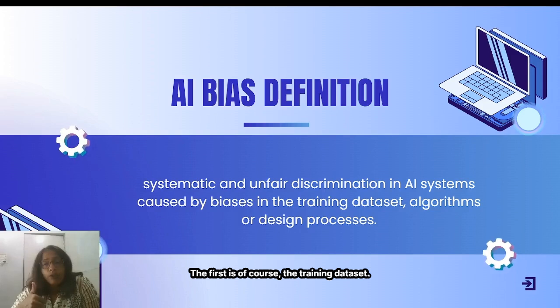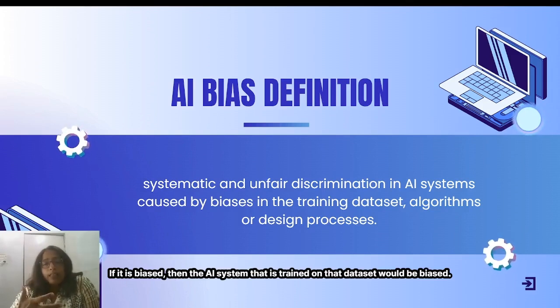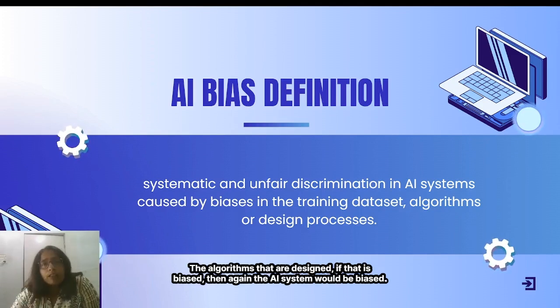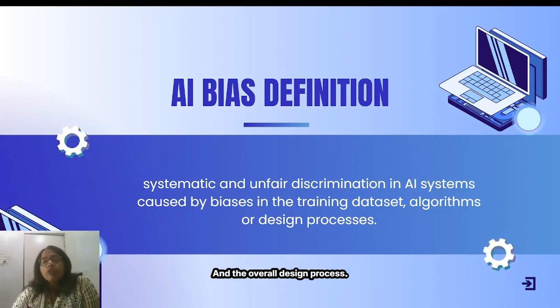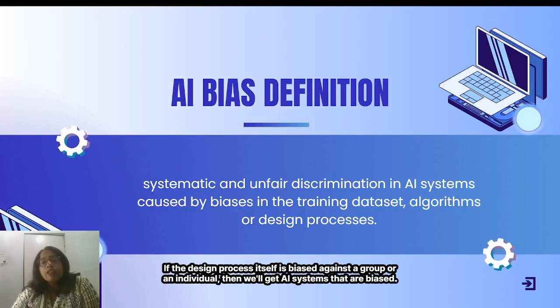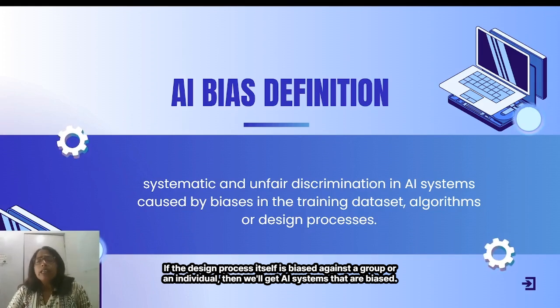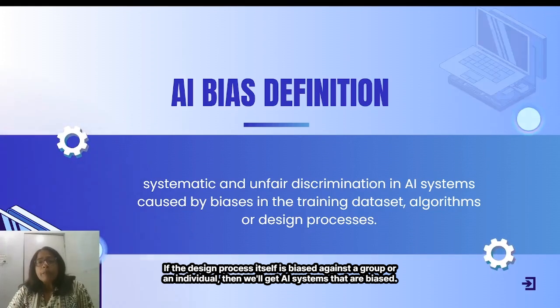The first is, of course, the training data set. If it is biased, then the AI system that is trained on that data set would be biased. The algorithms that are designed, if that is biased, then again the AI system would be biased. And the overall design process, if the design process itself is biased against a group or an individual, then we'll get AI systems that are biased.